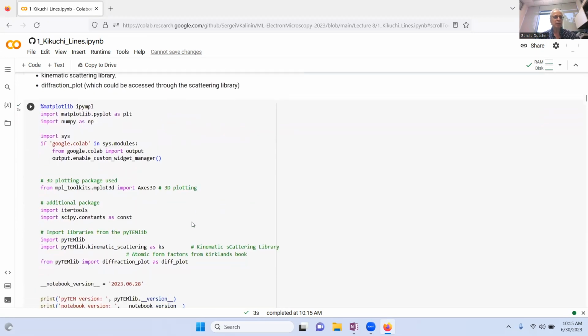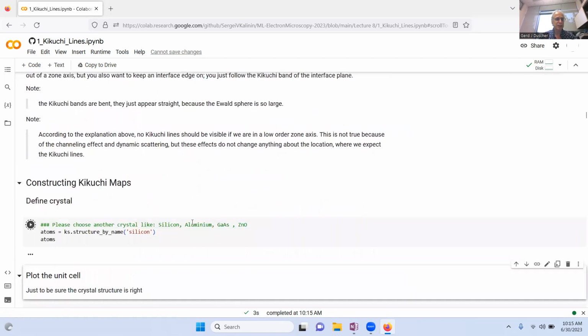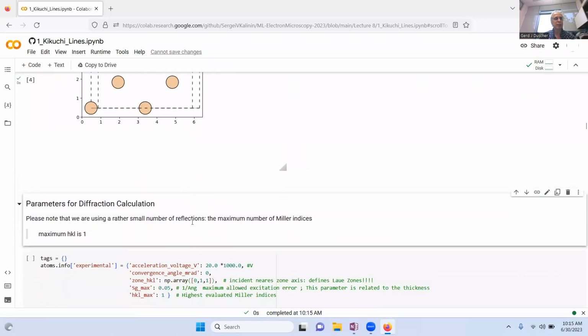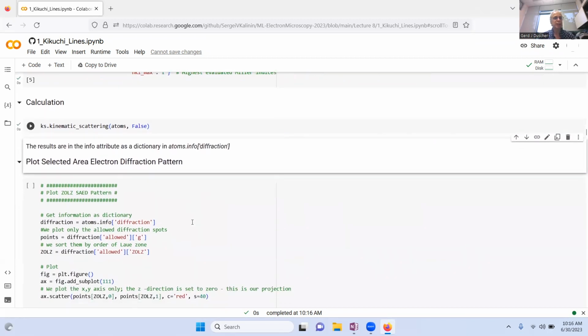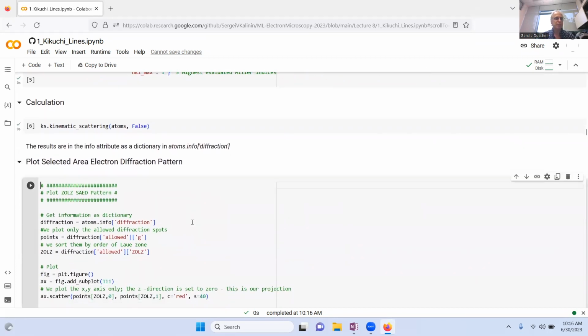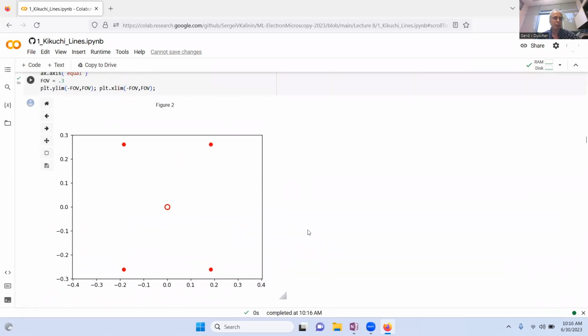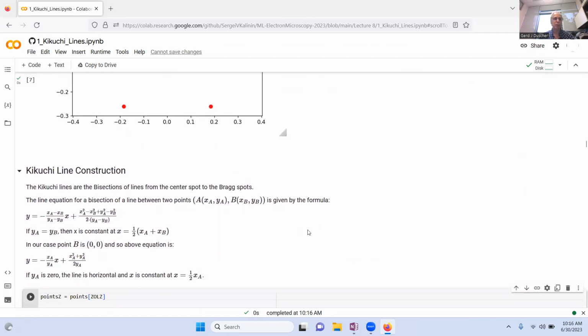So how are we here with our structure? Okay, see whether we can now visualize them. We put in our experimental conditions and we calculate everything. It takes no time at all. And then we get our diffraction pattern, a very simple one. And now we do the Kikuchi lines.